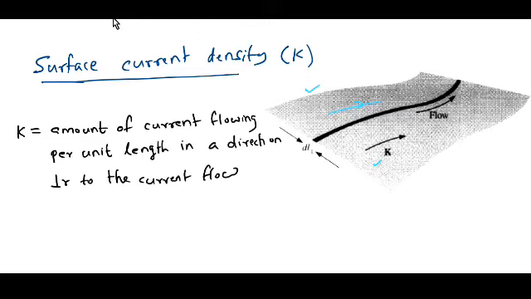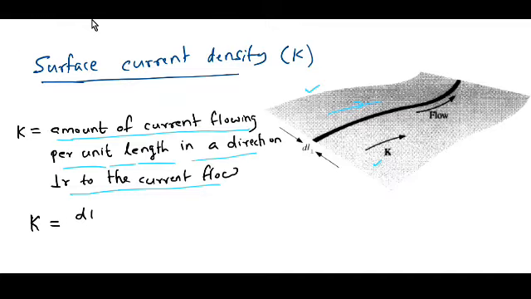I repeat, K is the amount of current flowing per unit length in a direction perpendicular to the current flow. That is, K can be written as the current dI flowing per unit length, where that length is perpendicular to the current flow.